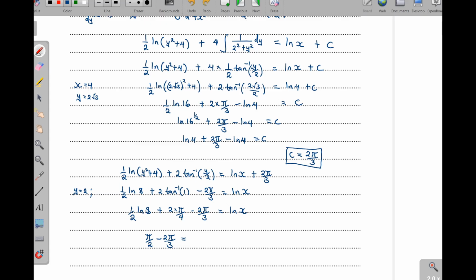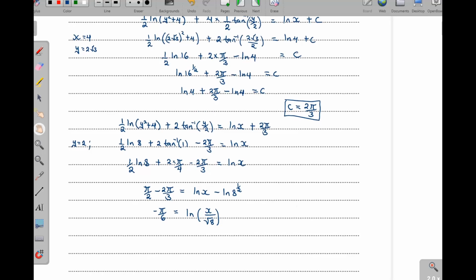So we have natural log of x, then minus the natural log of 8 power a half. So 90 minus 120, that will be negative 30 degrees. So that will be negative pi over 6 in radians. And then here we shall have natural log of x out of the square root of 8.